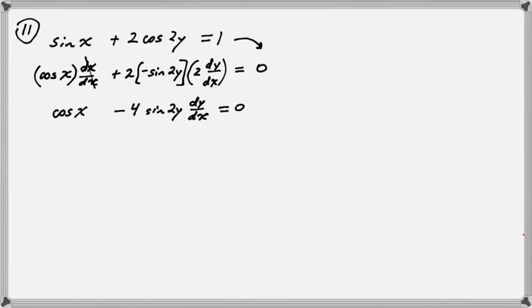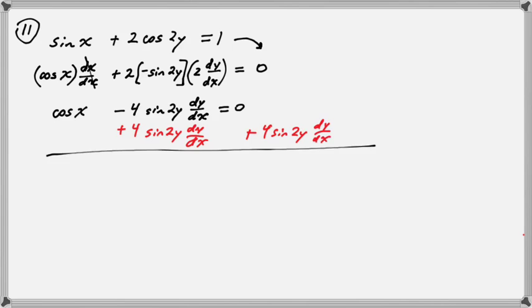We have to get all the terms with dy dx on one side and all the terms without dy dx on the other. Would you subtract cosine or would you add the 4 sine? I like positives, so I would add the 4 sine to both sides. And what does that give me now?